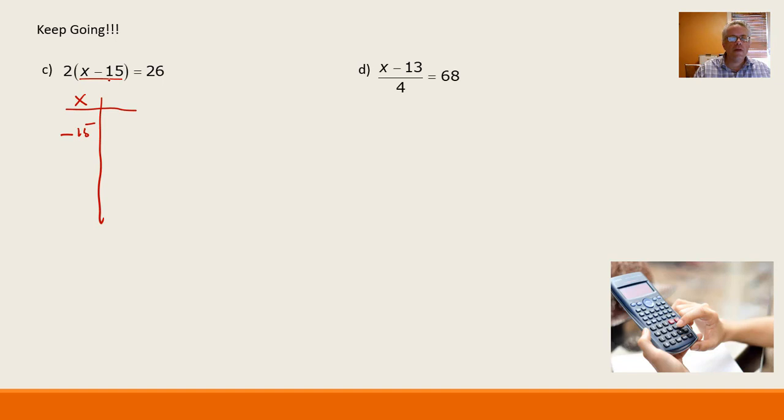Then, whatever that is, we're multiplying by 2. Times 2 equals 26. So we're going to do 26 divided by 2. And then we're going to add 15. And we get the solution. So the solution to this one is 28. So we get x equals 28.